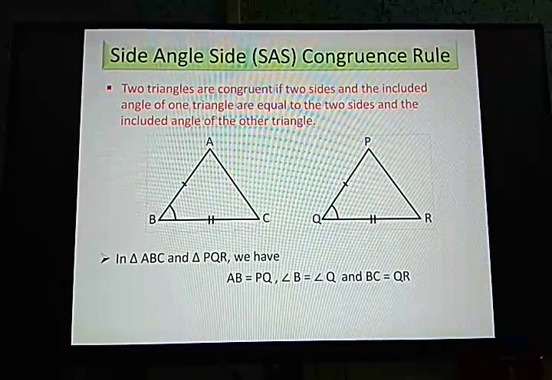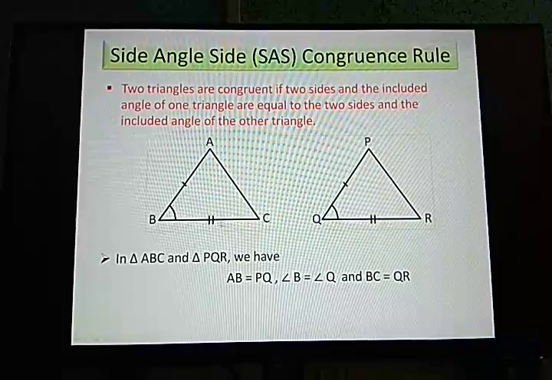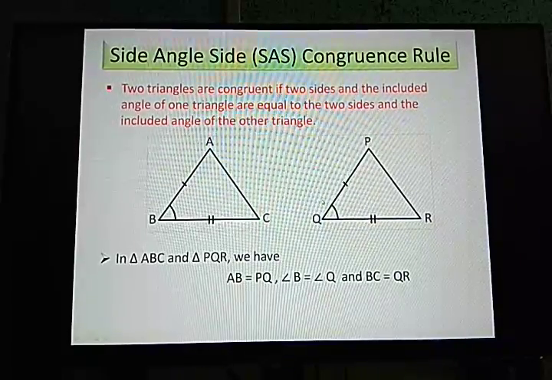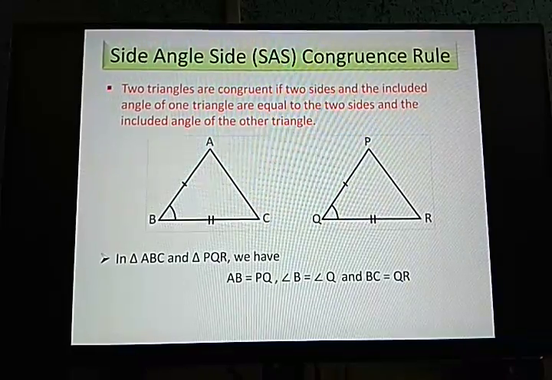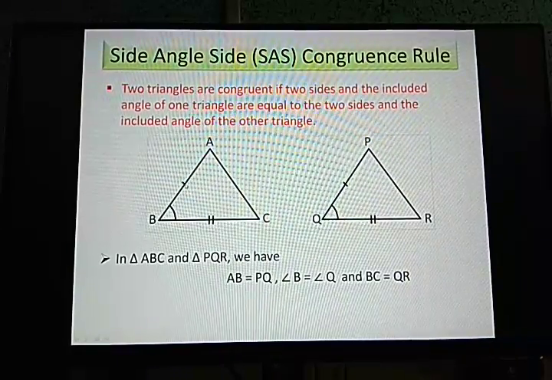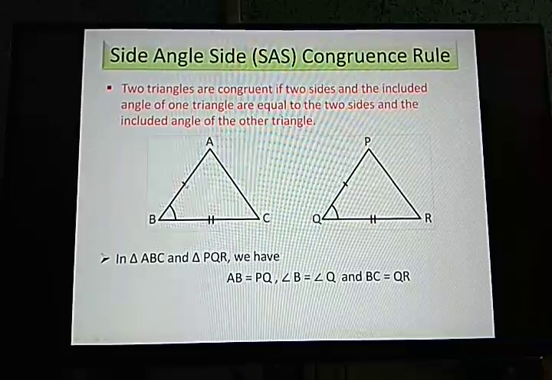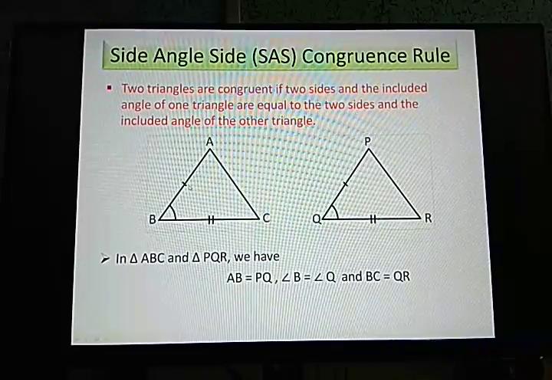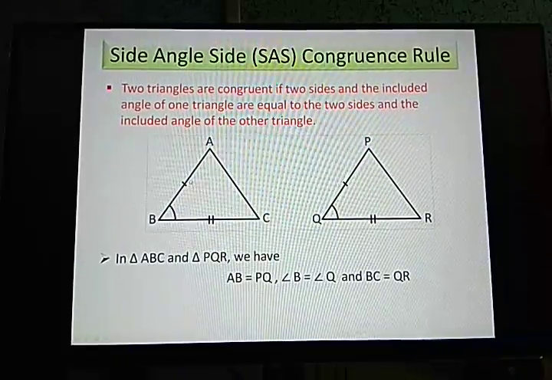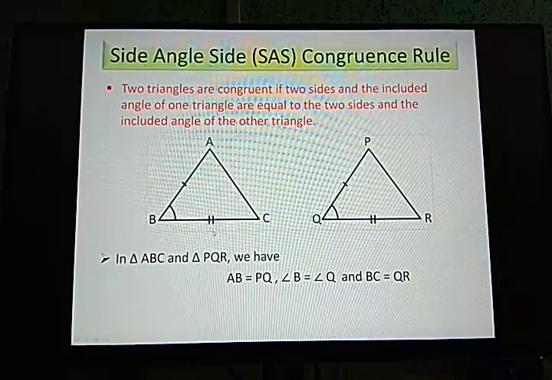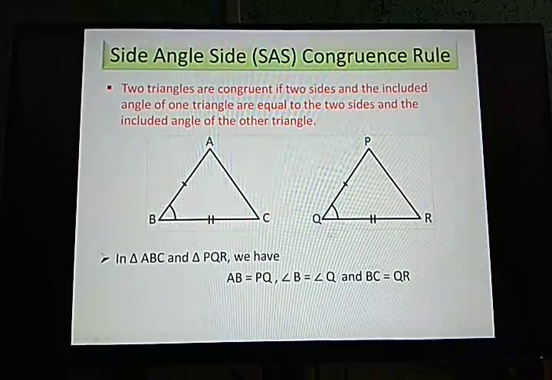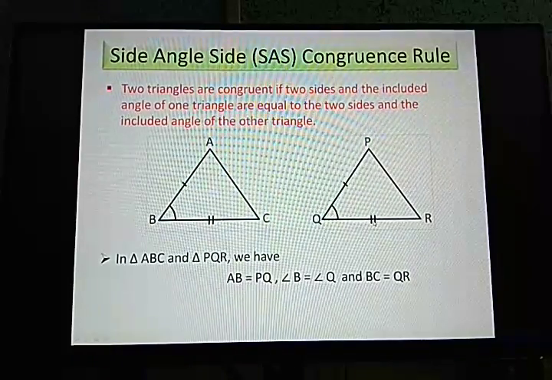Now let me clarify what the single line and double line mean. These markings are given to indicate the corresponding parts. Generally they are used for indicating the sides. So this single line indicates that this side is equal to this corresponding side, and this double line indicates that this side is equal to this corresponding side.